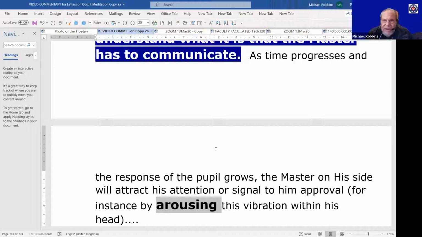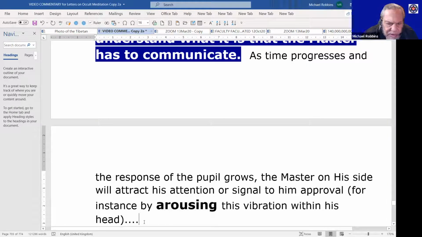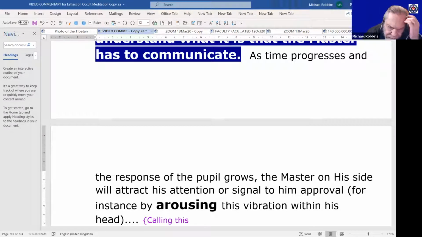So as time progresses and the response of the pupil grows, it's a Geminian kind of interplay, we might say. The master on his side will attract his attention or signal to him approval. For instance, by arousing this vibration. Of course we have the ellipse there, but I sometimes call this confirmation.